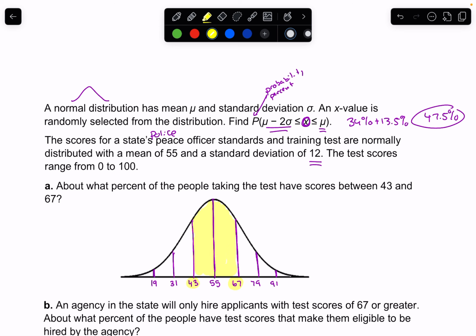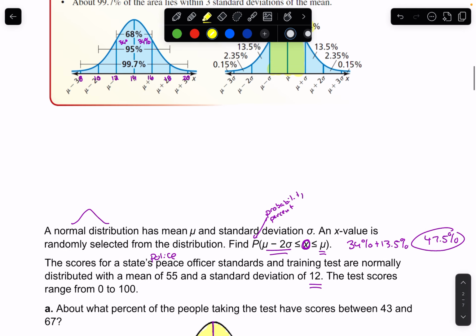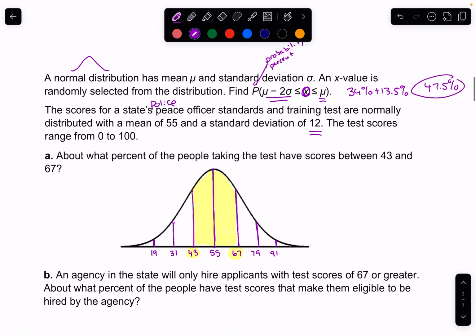Well, if I look at my chart up above, I'm looking at these two middle sections, and each of those is 34%. So I add those together. 34 plus 34 gives me 68%. So 68% of the police officers are scoring between a 43 and a 67.